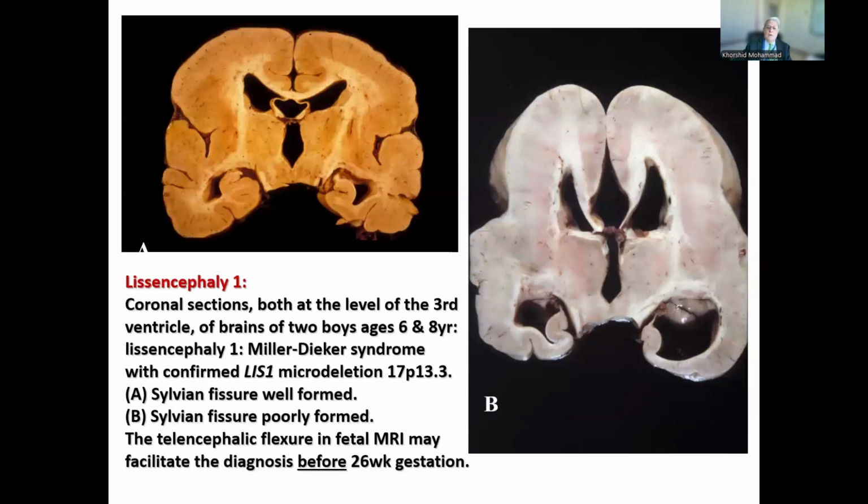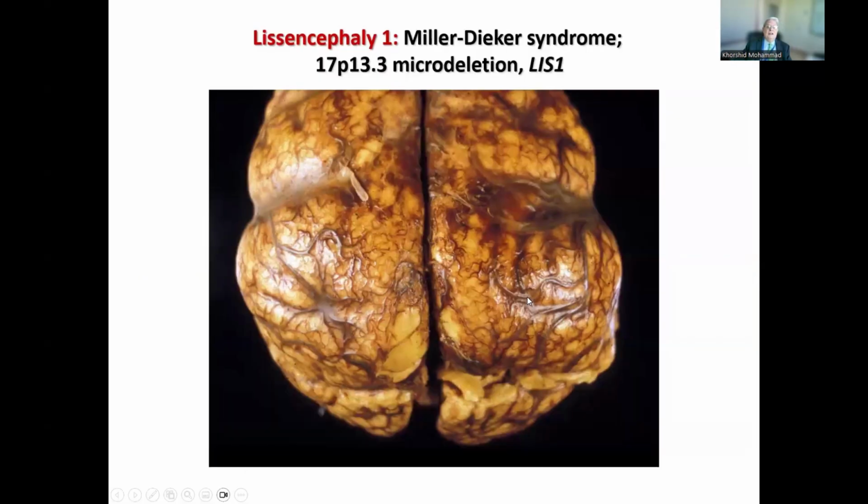And so you can't always predict from the morphology, from the appearance, exactly what the genetic defect is, because why one would form Sylvian fissures and the other not, I'm not sure. I don't think anybody knows, but it's interesting with the same genetic defect. And here again, a dorsal view of the brain before cutting, of this very shallow Sylvian fissure that's in an abnormal position, and everything that you can see here.